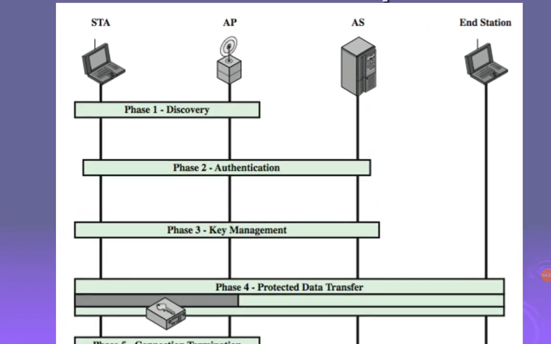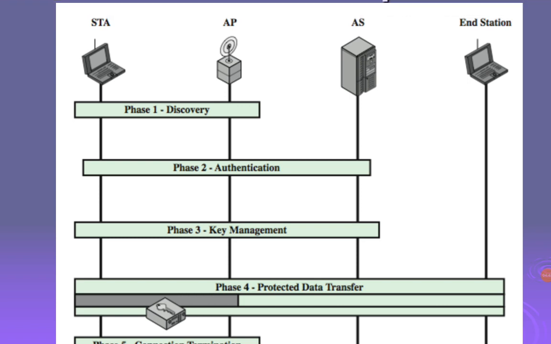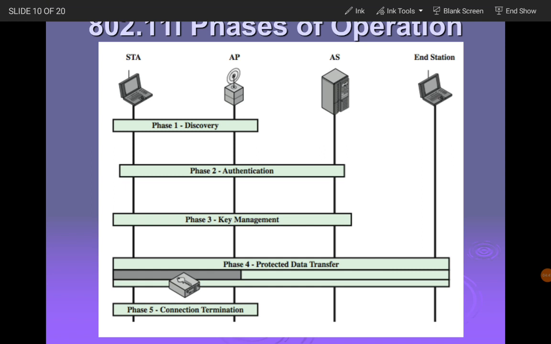The first phase is discovery. It is between the station and the access point. Then authentication happens between the station and the authentication server via the access point. Then key management, that is sharing of keys, happens between the station and the authentication server through the access point.